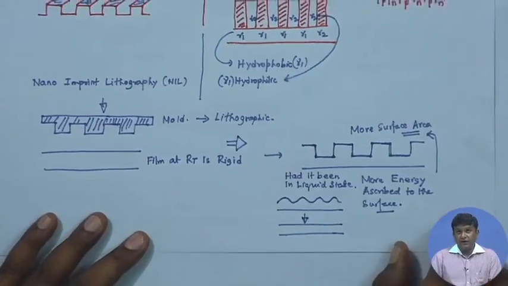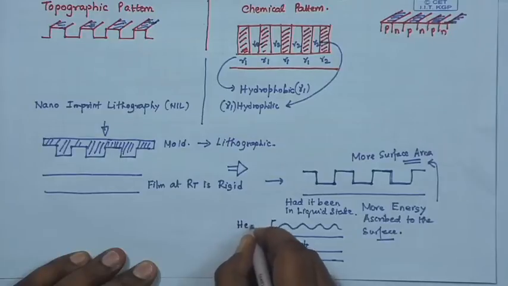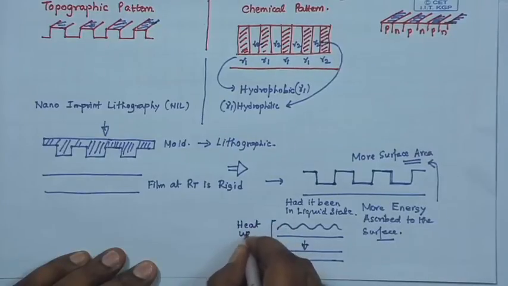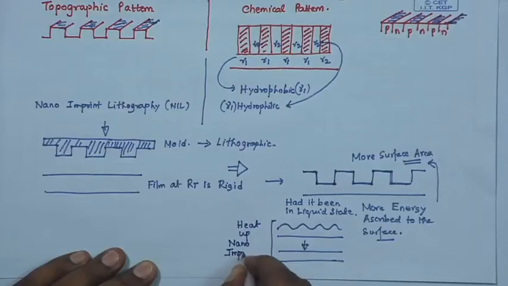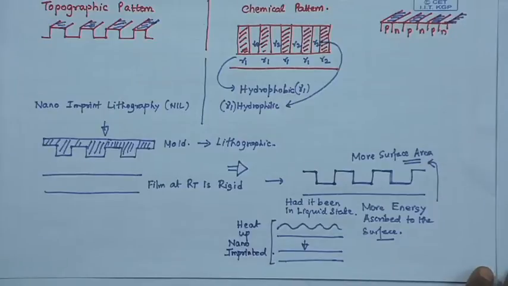In fact, if you heat up a nano imprinted film, once the patterning is achieved, it in fact flattens out. If you are interested in creating a patterned surface for some application, you will not be doing it, but if you are interested in the fundamental science, you sometimes do crazy things which might even lead to destruction of the structures.